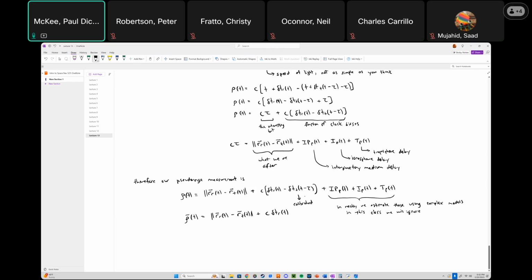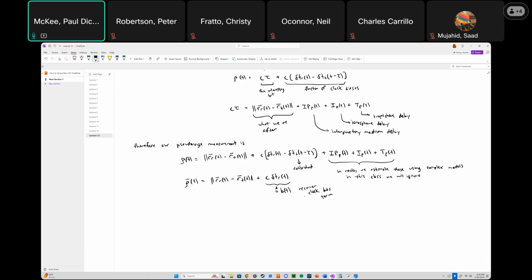This would be like the bias on your phone's clock, that sort of thing, right? We're going to call this whole bit here B of t, and this is the receiver clock bias.